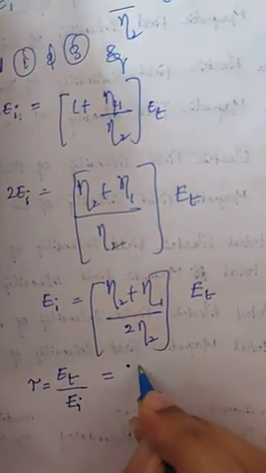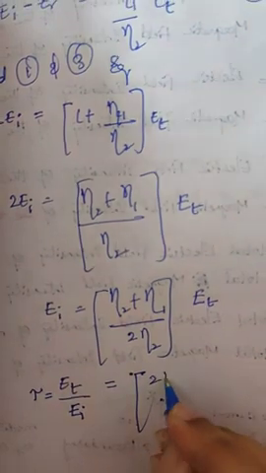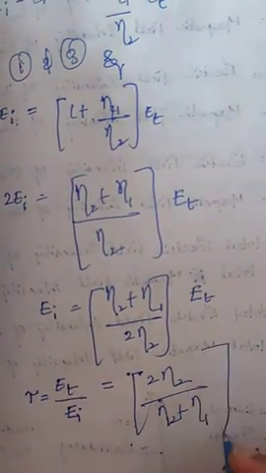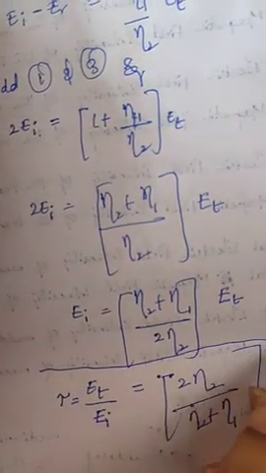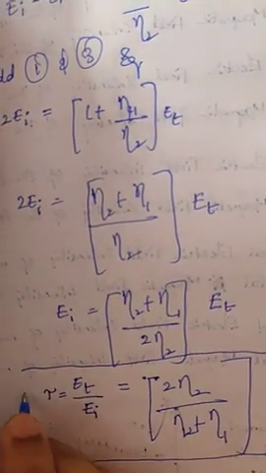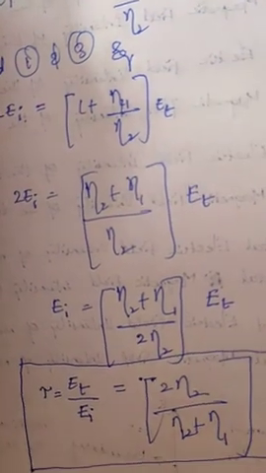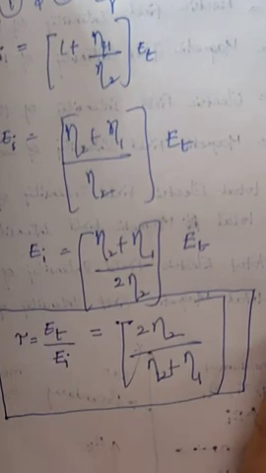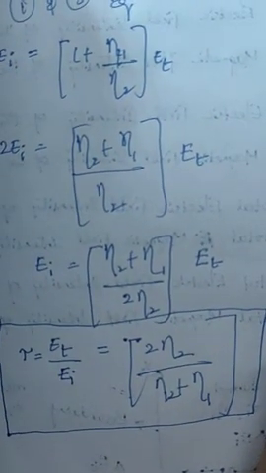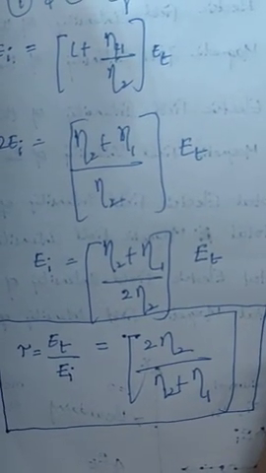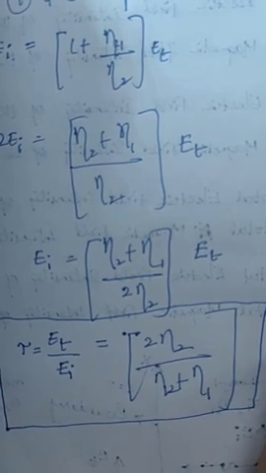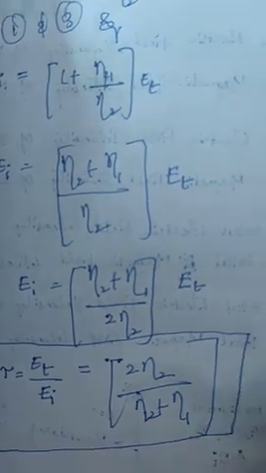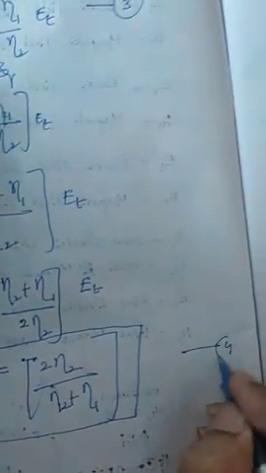So this value we can write as 2 eta 2 by eta 2 plus eta 1. So this is the equation for transmission coefficient. But we want to derive gamma, which is nothing but the reflection coefficient. Okay, so this is equation 4.